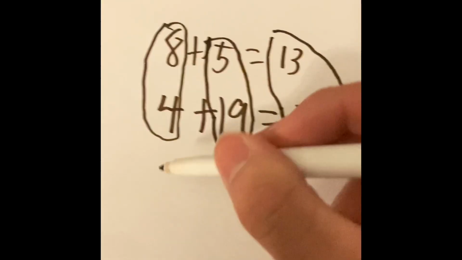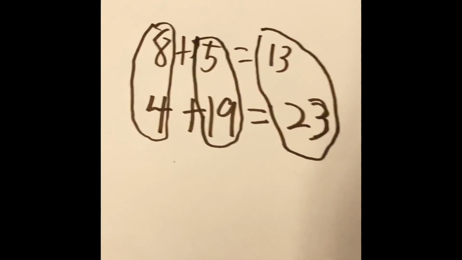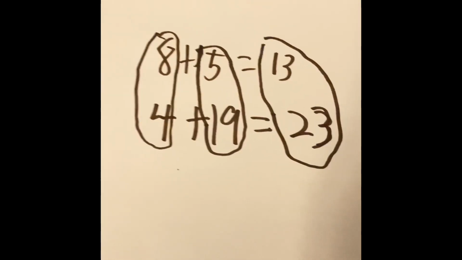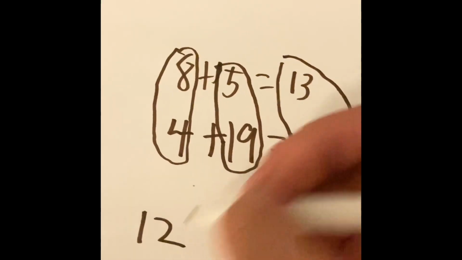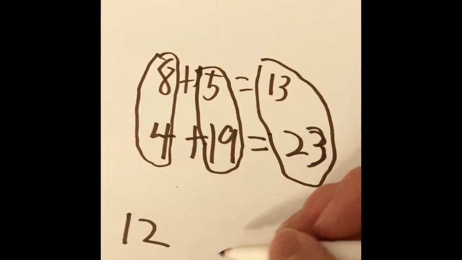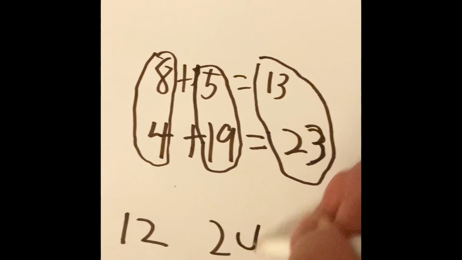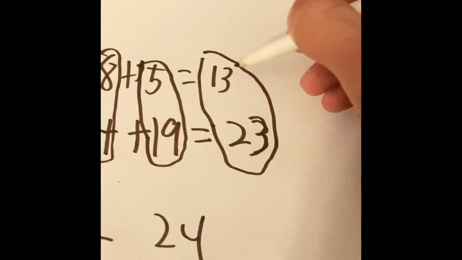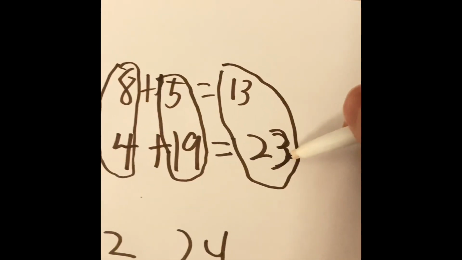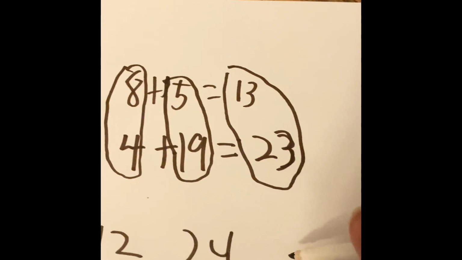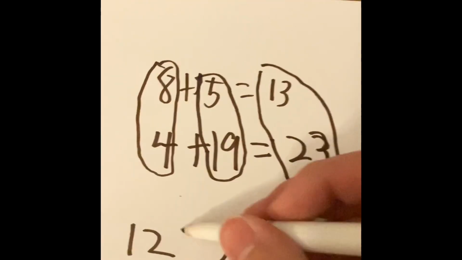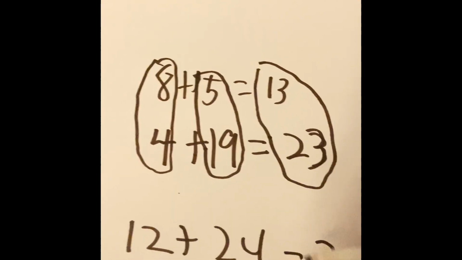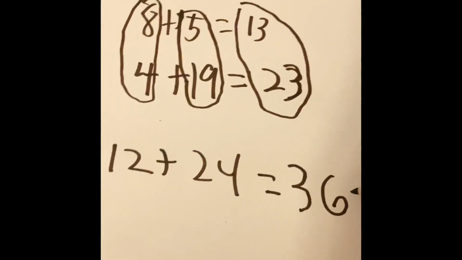And our new equation on the bottom should, it makes sense. So 8 plus 4 is 12. 5 plus 19 is 24. And last but not least, 13 plus 23 is going to become 36. And when we add them, 12 plus 24 does equal 36.